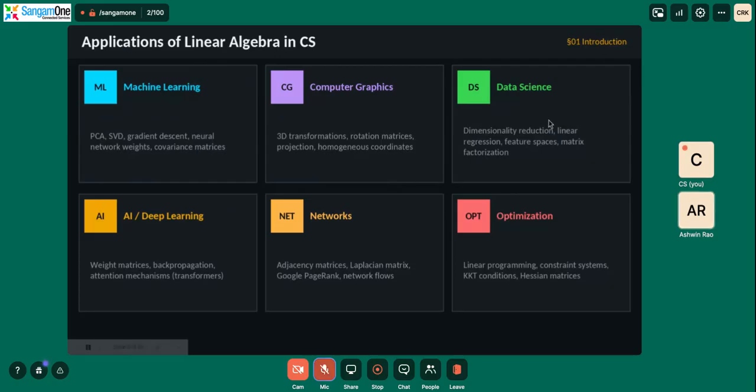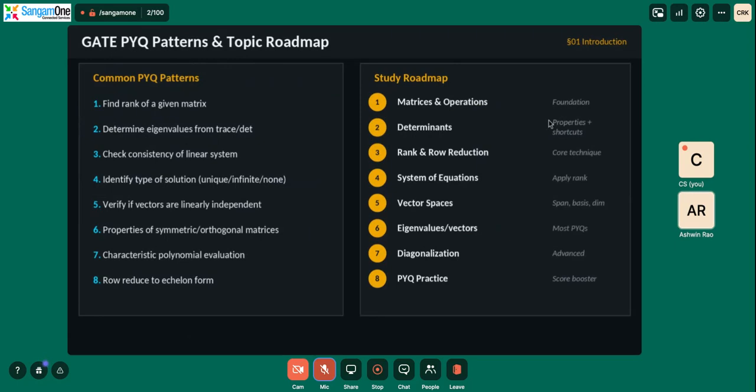And then moving on to the GATE PYQ patterns and topic roadmap. You can note down the common questions, or just screenshot it. GATE repeatedly asks the same pattern of questions.